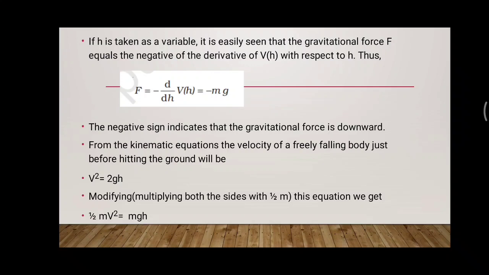At a point near the ground just before the collision, the velocity is v, so the kinetic energy is half m v square, and mgh, where h is the maximum height, is the potential energy stored in the body at the height h. So the kinetic energy at the lowermost point is equal to the potential energy at the highest point, in the case of a system.